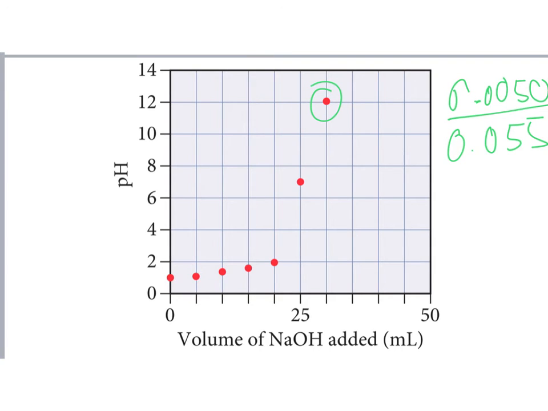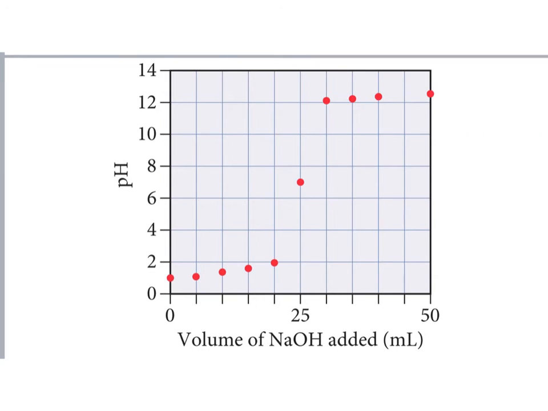From the concentration of OH minus, you can find the pH of 12. We can do that for all the rest of these, right? And these points out through here, we're just adding more base, and we're adding more in terms of the total volume, and that's about it.